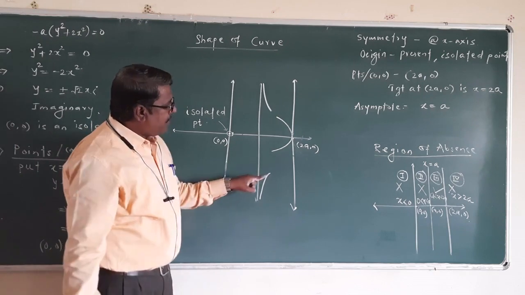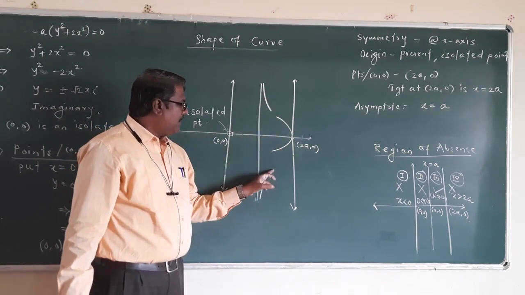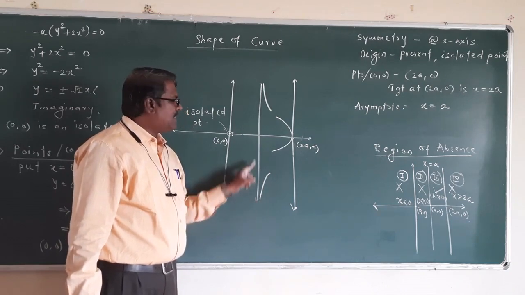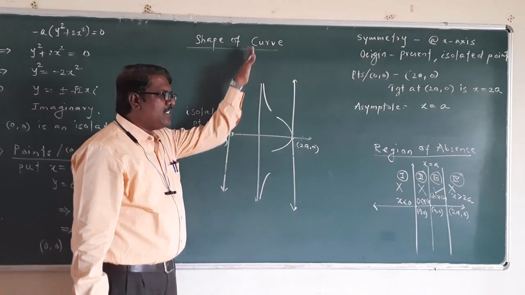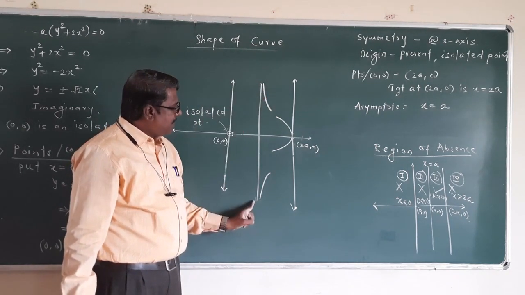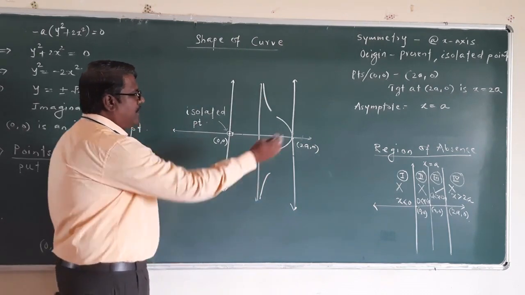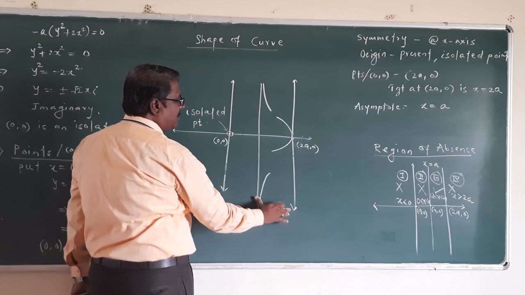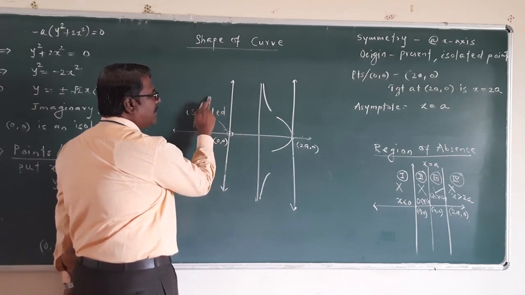Why have I drawn the asymptote, and why have I drawn the curve like this? Because an asymptote is a line which touches the curve at infinity. So at infinite distance, this line touches the given curve. Now only in the third partition the curve is present. Here the curve is absent. Here the curve is absent.